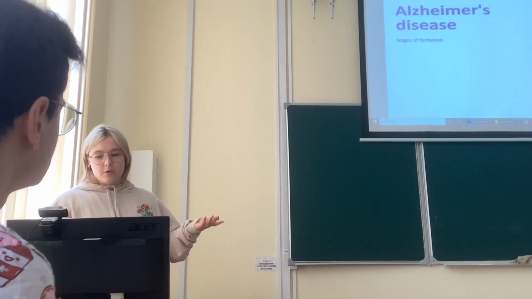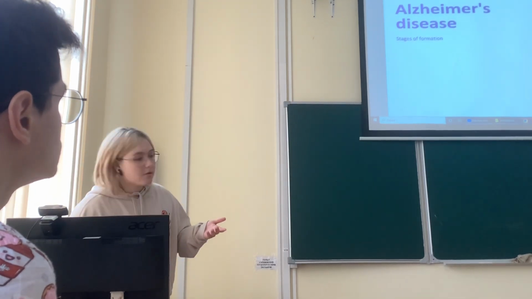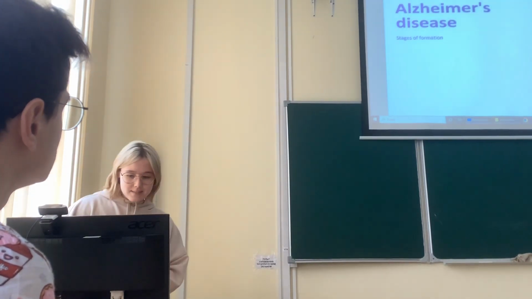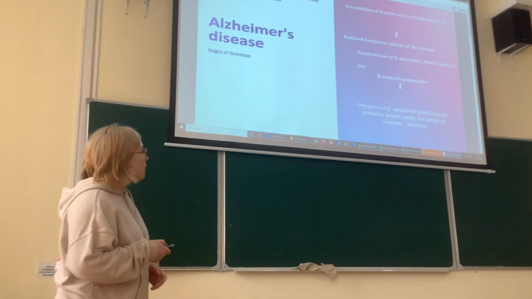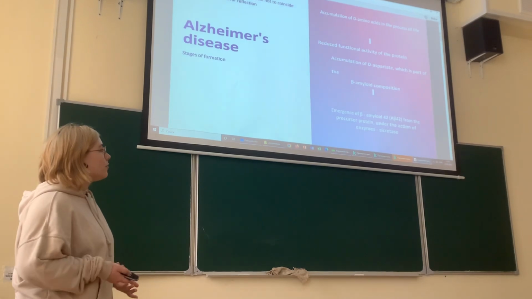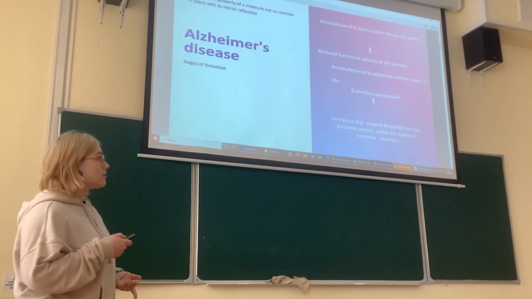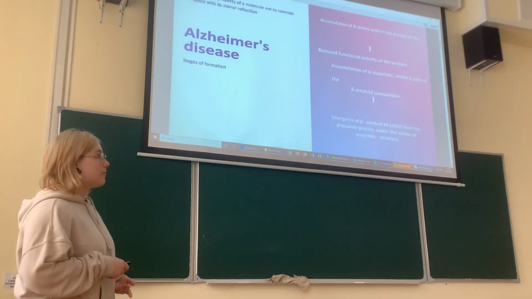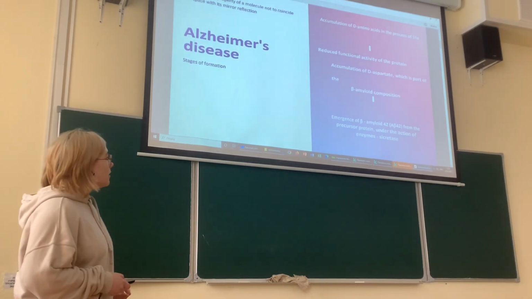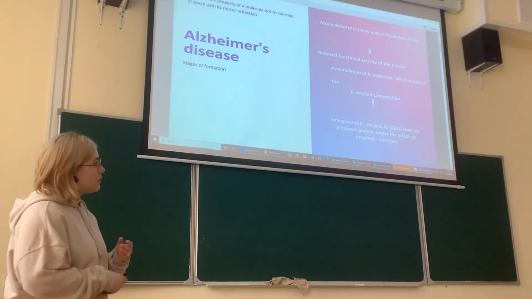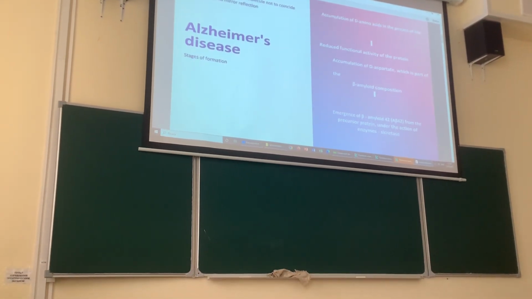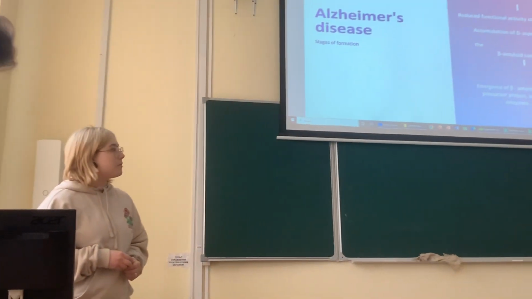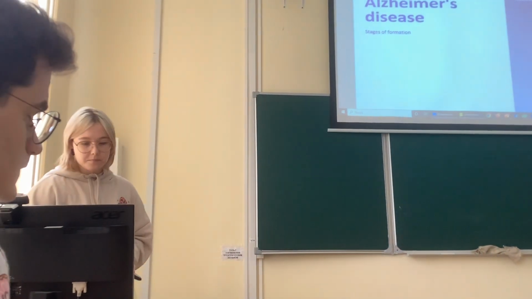Then beta amyloid composition comes, and it leads to the formation of beta amyloid 42, which is really toxic for the organism. It appears under the action of an enzyme, also called gamma secretase.